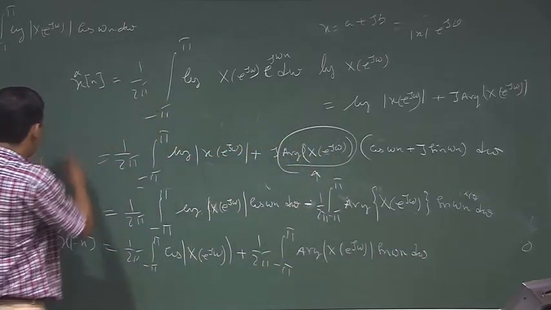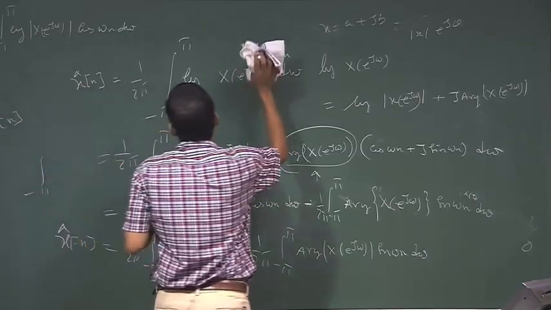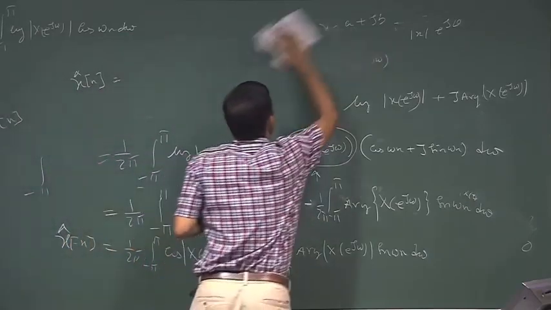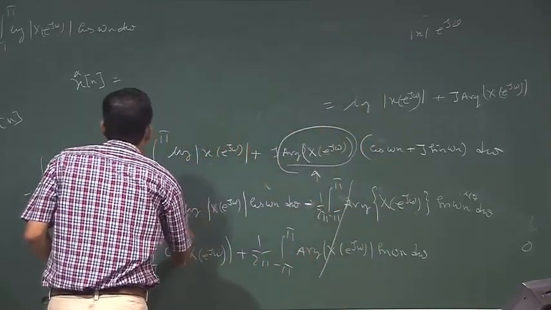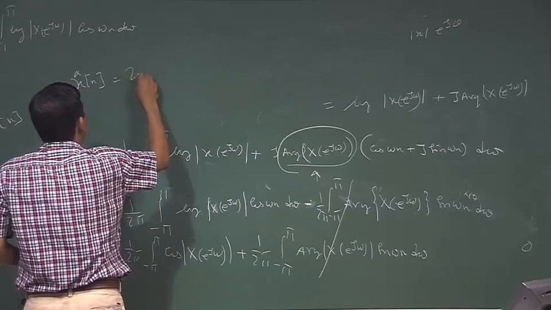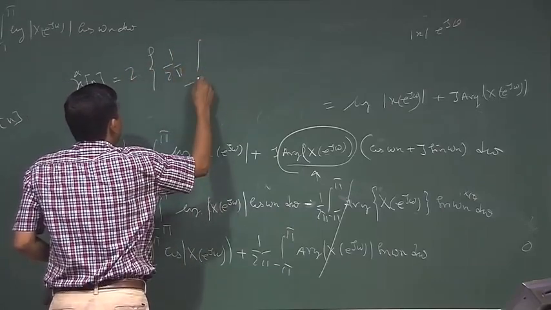So if I add these two, x cap n and x cap minus n, what will I get? This term will be cancelled, only these two terms will be there. So it is nothing but 2 into 1 by 2 pi, integral from minus pi to pi.